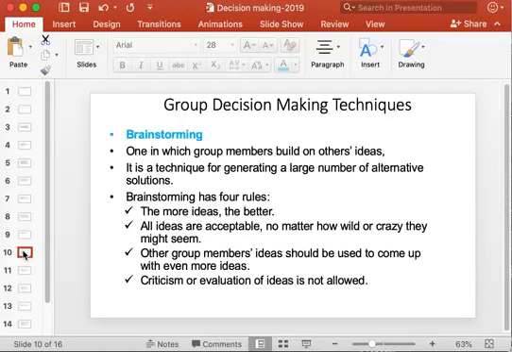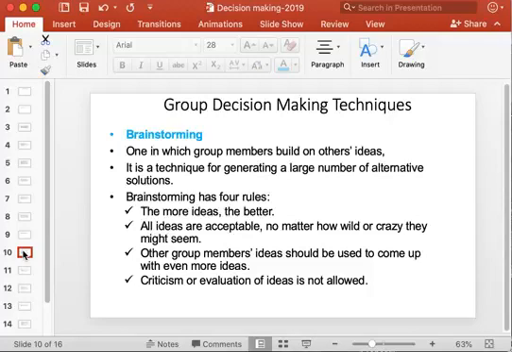Then brainstorming is one in which group members can build on others' ideas. Unlike in the nominal group, in the brainstorming technique, each person shares his or her ideas to the group openly, whereas in the nominal technique there was a quiet session.